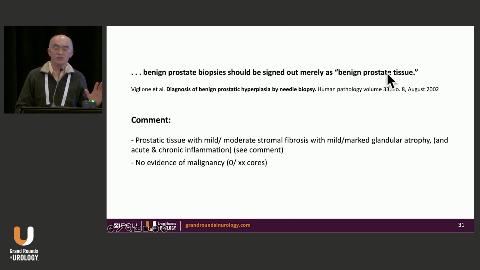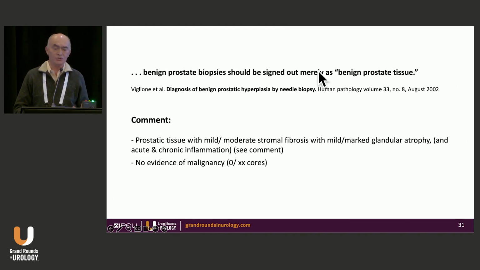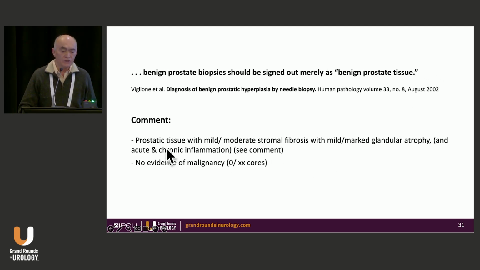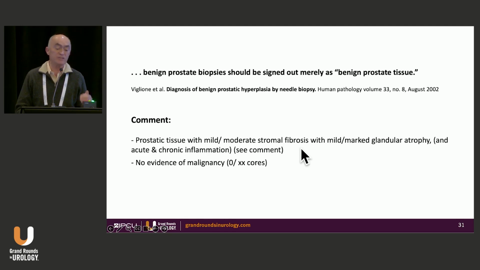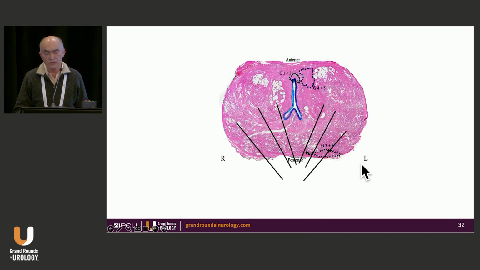One of the recommendations, made in 2002, was that benign prostatic tissue should just be reported as benign prostatic tissue, and we don't agree with that because we can use some words instead of making a diagnosis of BPH. At least we can say that there is moderate or severe stromal fibrosis and/or inflammation, and what kind of inflammation. And remember that the size of the prostate is a very important element.